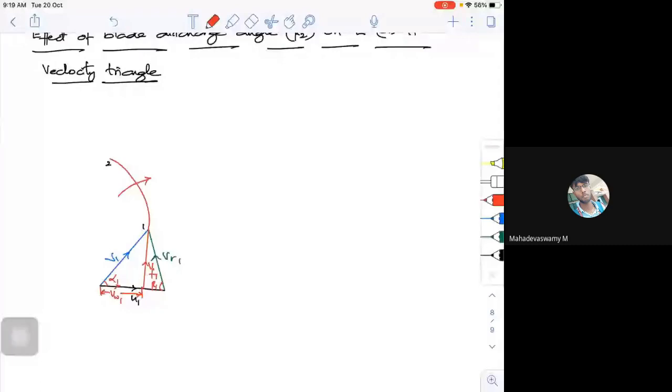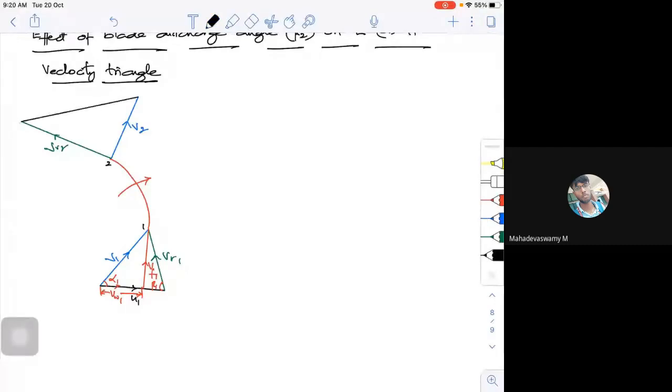Similarly, I can draw the outlet velocity triangle like this. This is a bigger one compared to the inlet triangle. This is my VR2, and this is my V2, and your U2 is comparatively bigger because it is a radial flow machine.